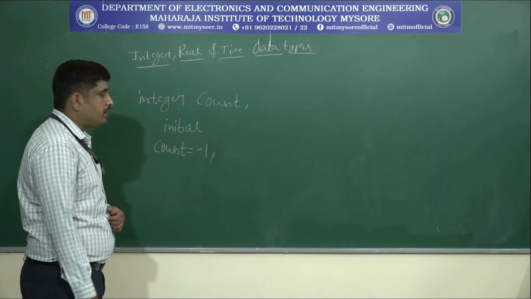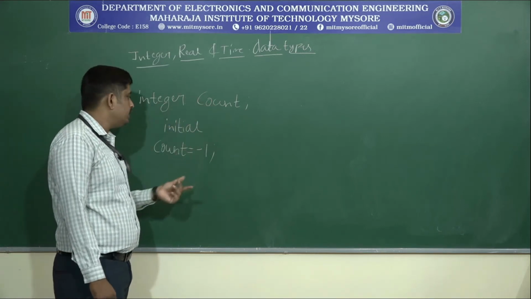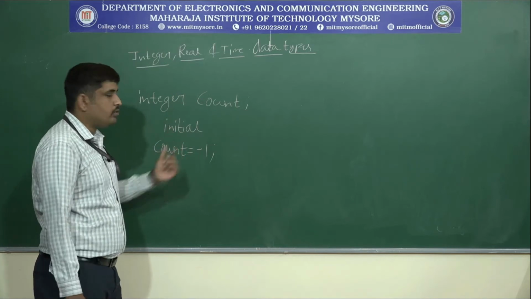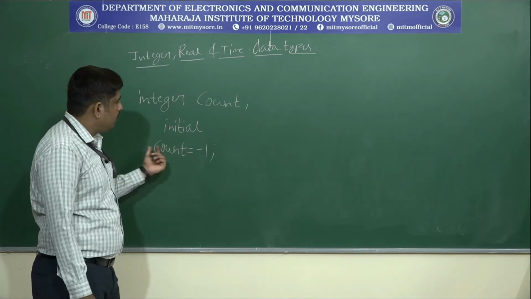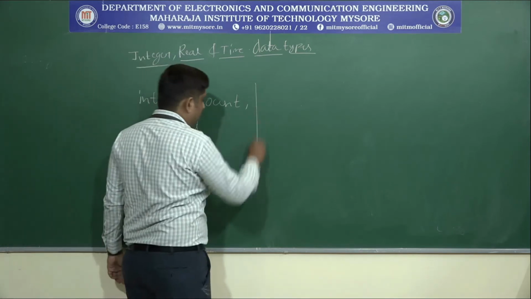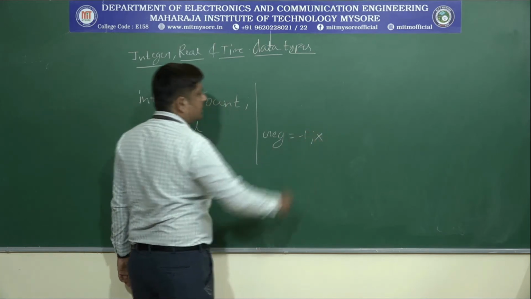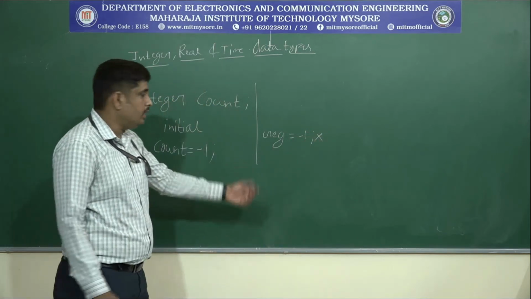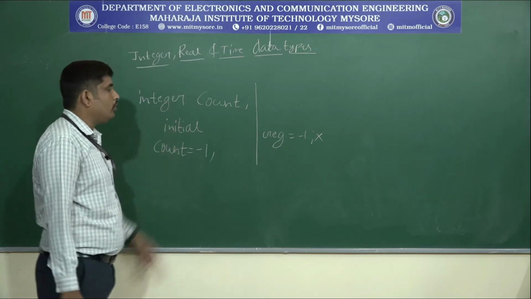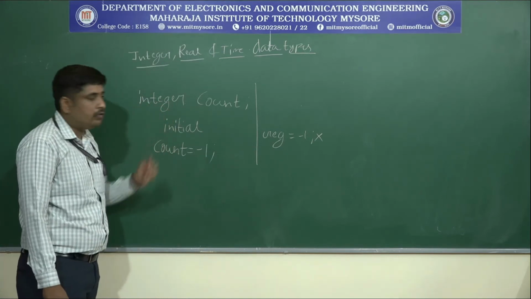So integer count means count is of type integer. Initially, count is -1. But in a reg we can't represent -1, that is a disadvantage. That's why we use integer. Integer is specially designed for counting purposes.